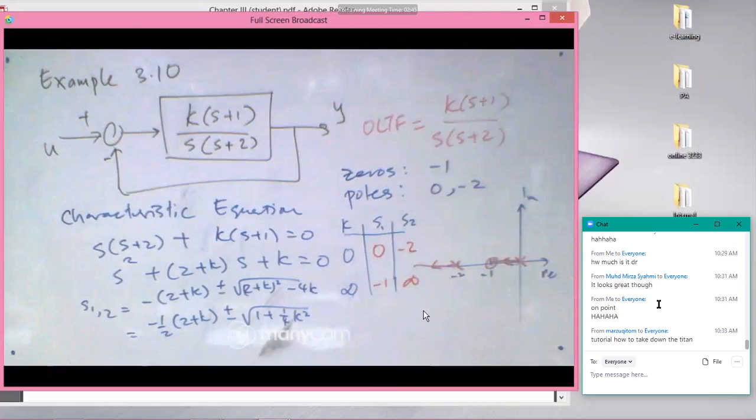It can be shown that when k is equal to 0, S1, S2 is equal to 0 and -2, so it starts at the poles. 0 and -2 are the values of the poles.